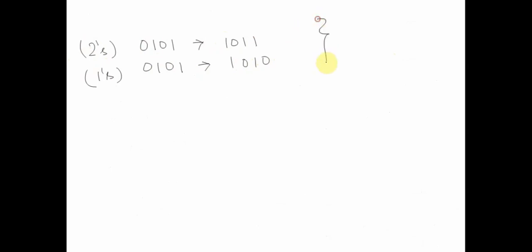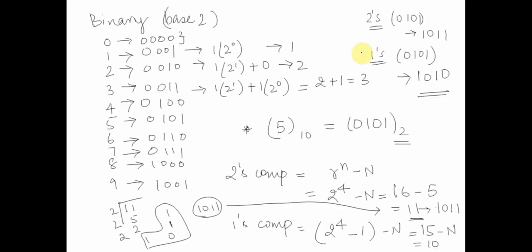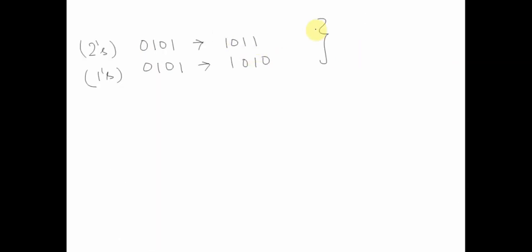How did we calculate this? This is using the formula which I told you guys just now. Simply, basically, r raised to power n minus n, and r raised to power n minus 1 minus n. Now, do you see a relationship between these two for a base 2 binary, right? What is the relationship?